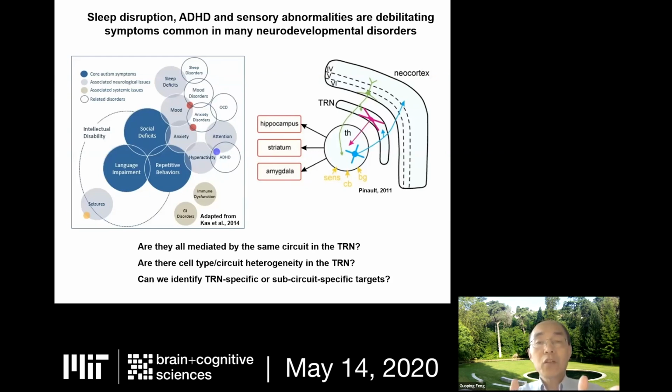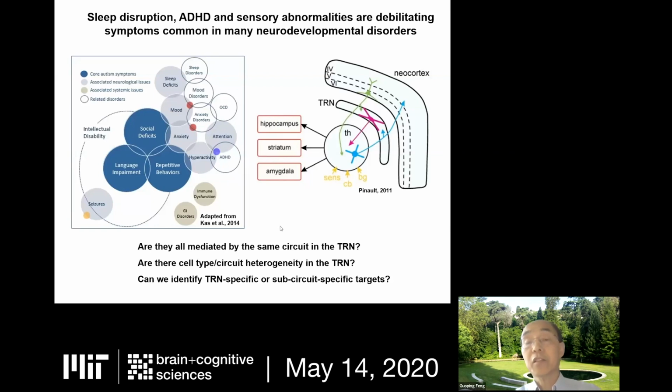So we started to think about whether all these functions are controlled or mediated by the same circuits. Is there cell type or circuit heterogeneity in the TRN? Can we identify TRN-specific targets, or even subnetwork-specific targets, that allow us to more precisely modulate TRN function, and hopefully in the future identify targets to develop treatments for some of the symptoms?